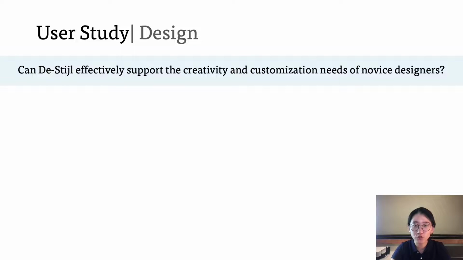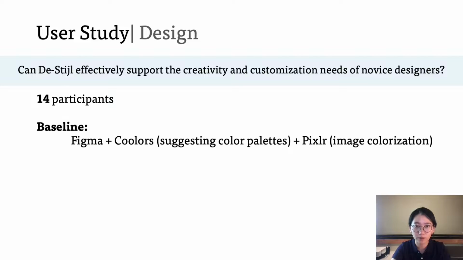We conducted a user study with 14 participants to evaluate if De-Stijl is able to effectively support multiple creativity factors and the customization needs of novice graphic designers. It is hard to find a baseline for the comparative study. Thus, we ended up using a combination of commercial tools, including Figma, Coolors, and Pixlr.